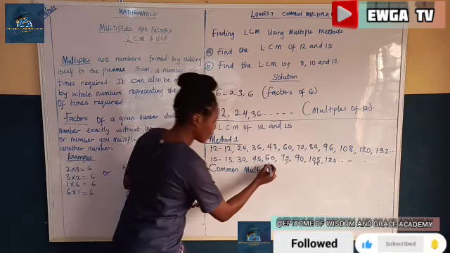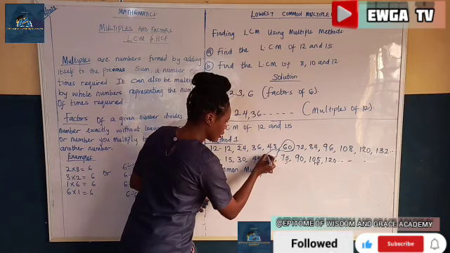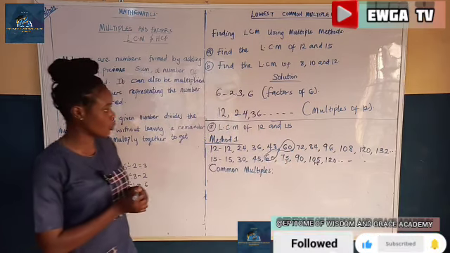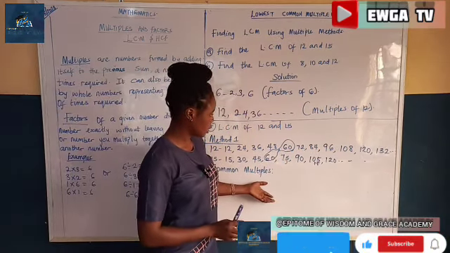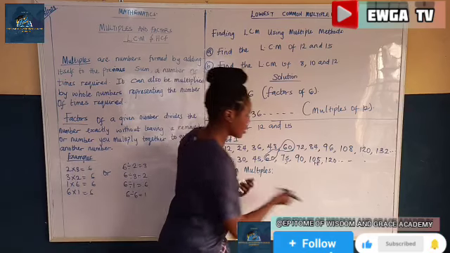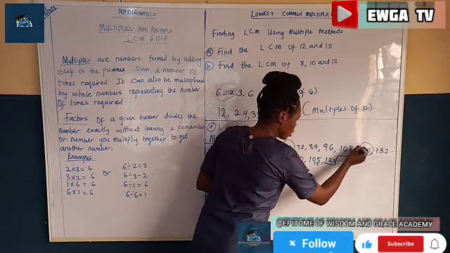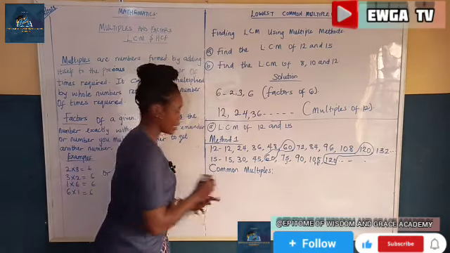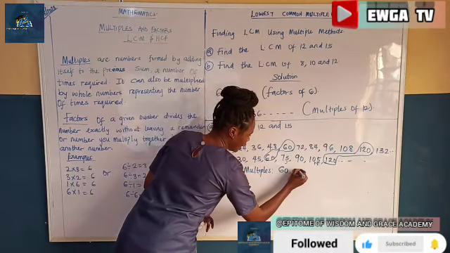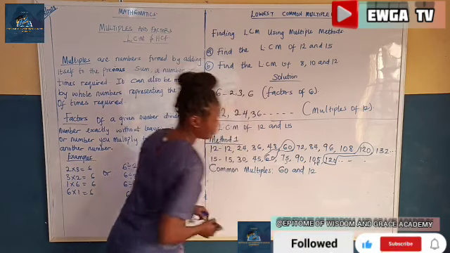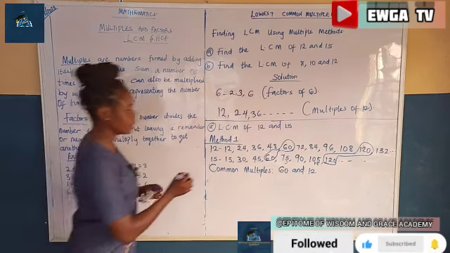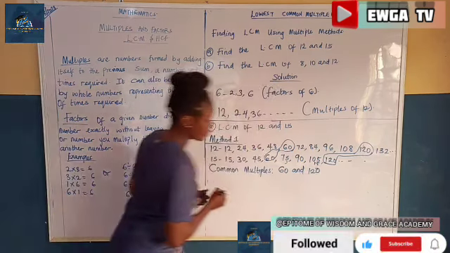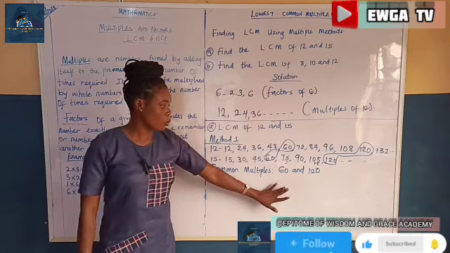Okay, I think I've seen a number which is 60. So 60, let's continue if we can see any other figure. Okay, I think I've seen 120. So these are the common numbers, the numbers that are the same, 60 and 120. So these are the common multiples.